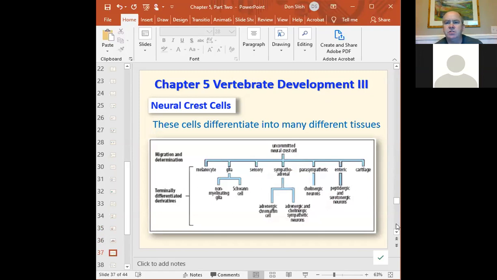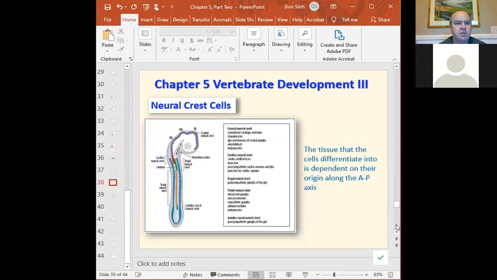Then once the tube closes, slug and twist. You're correct, Nick. So you get your sympathetic and your parasympathetic neurons, your neurons that are regulating your GI tract, and some cartilage there. So they go off and make an awful lot of different things. Okay, those are your neural crest cells.